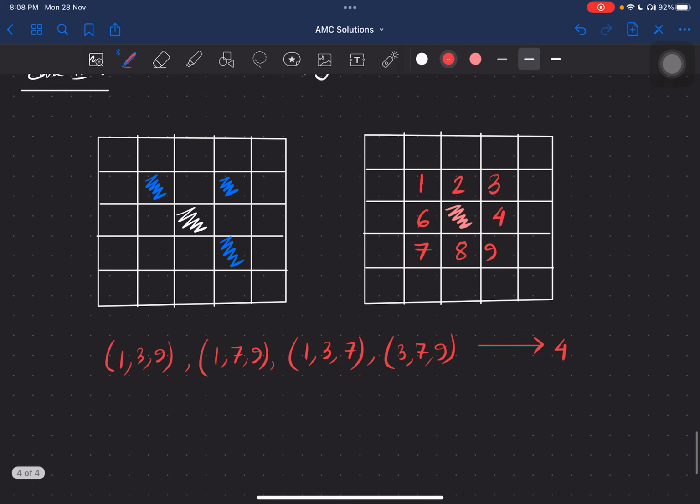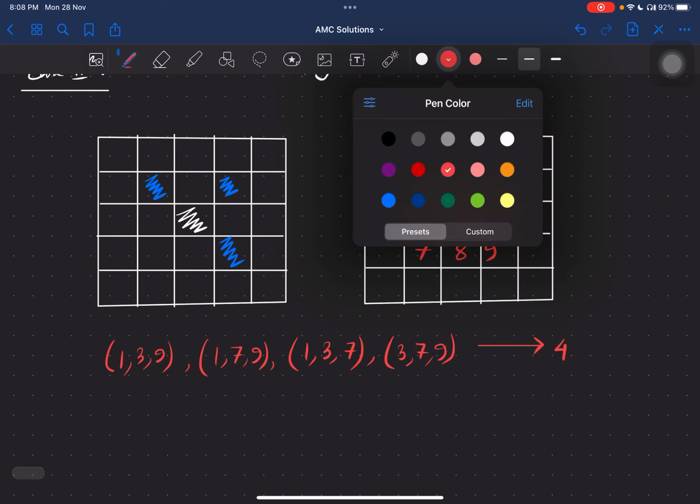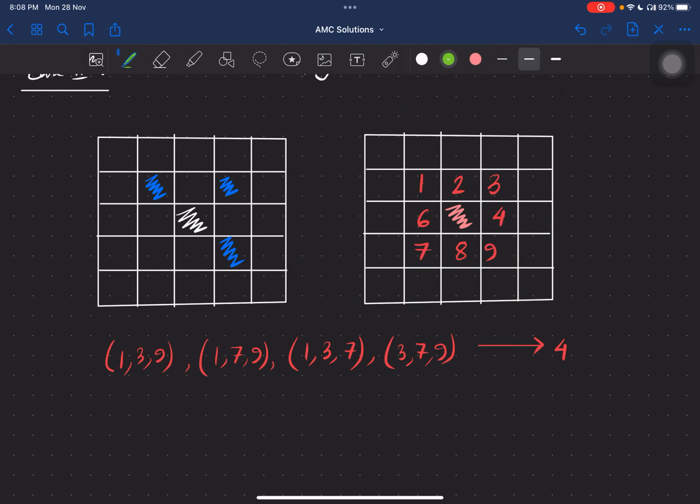Now let us have a different type of thing. We can have these type of things also. The middle one is there and these things are there. It is the same story: each of them has only one common neighbor, so each of them will not survive, but this has three common neighbors, so that will survive.